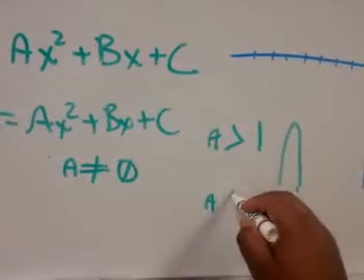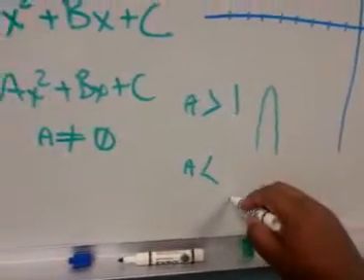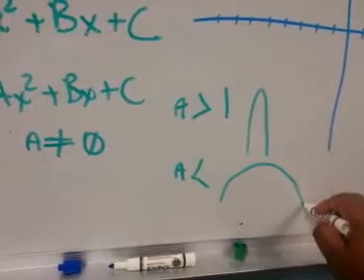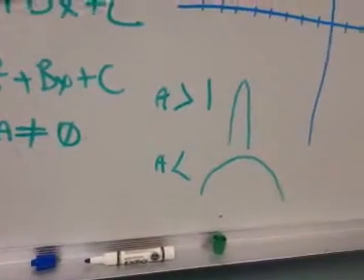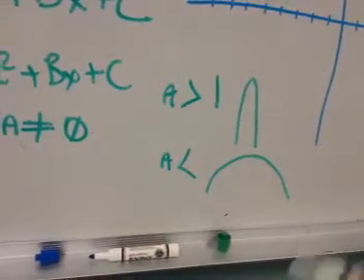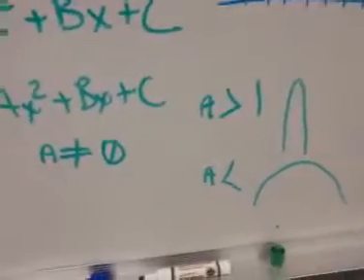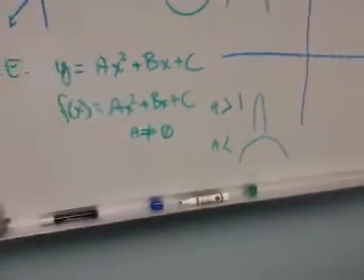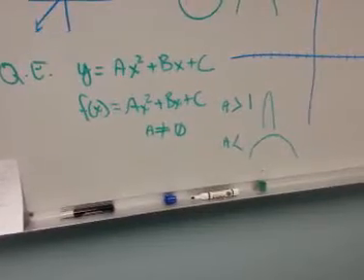If A is less than 1, meaning if A is a fraction, you're going to have a wider parabola. Okay? You'll notice that in some examples. The more examples you do, the more you'll notice that, based on what A is.